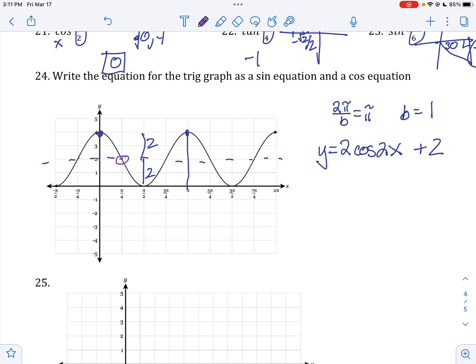If I moved it over this way, it's going down. So I'd have to say it moved here, backwards, because then it would go up. So our sine equation would be 2 the cosine of 2x, it moved to the left, so plus pi over 4, plus 2.